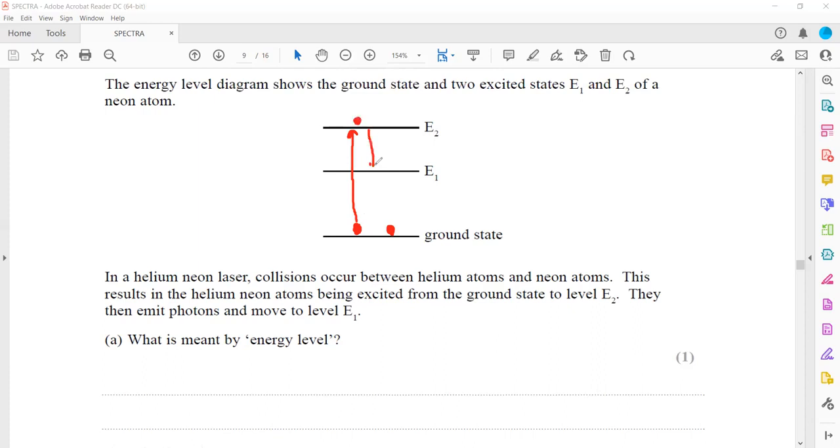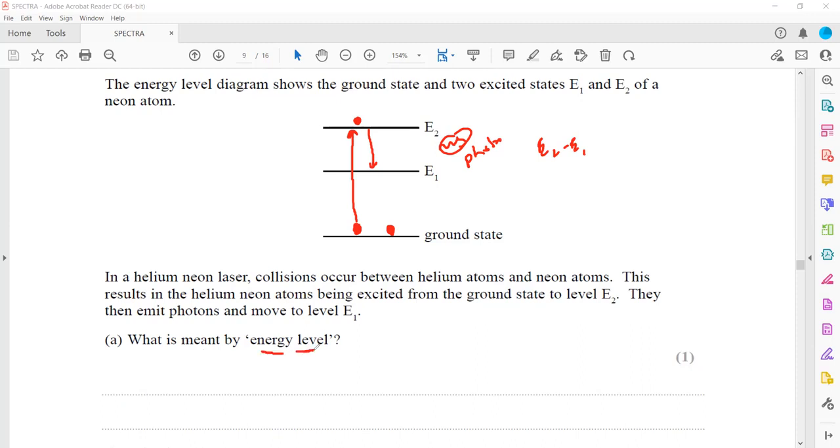And when they fall back from E2 to E1, it releases energy in the form of a packet or a photon, which is equal to the difference in energy of the two levels. So this results in a helium-neon atom being excited from the ground state to level E2, and then they emit a photon and move to level E1.